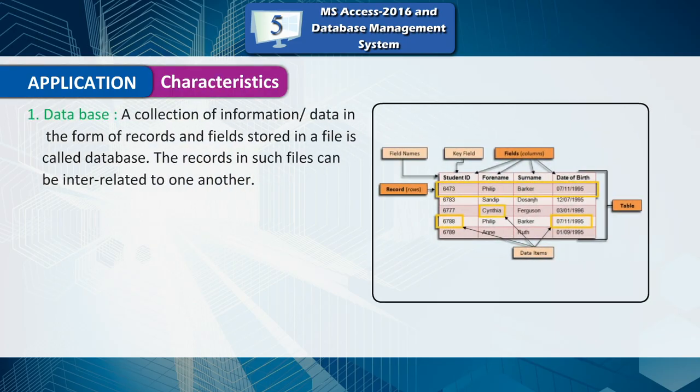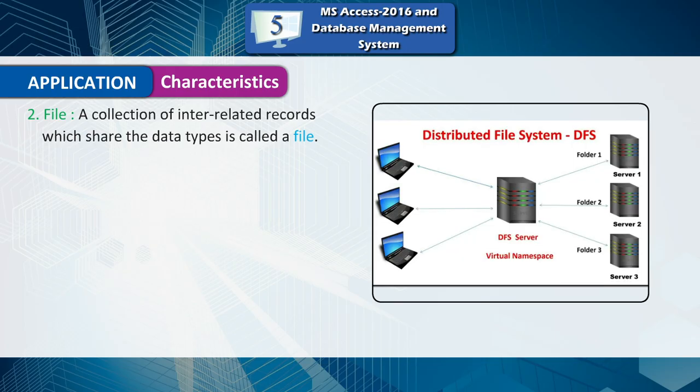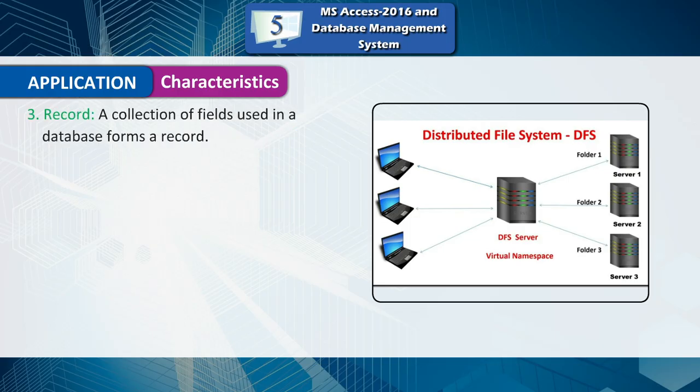Characteristics. 1. Database, a collection of information or data in the form of records and fields stored in a file, is called a database. The records in such files can be interrelated to one another. 2. File, a collection of interrelated records which share the data types, is called a file. 3.